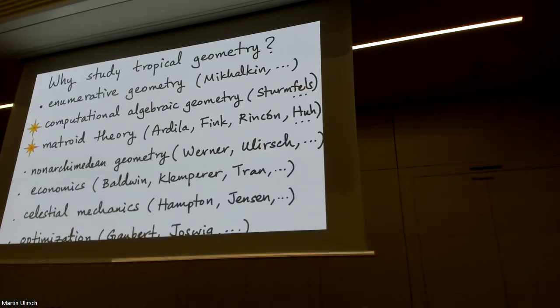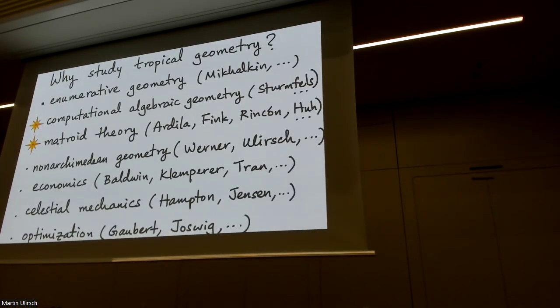So I'll list some other motivation for why people look at tropical geometry. We've talked about enumerative geometry and computational algebraic geometry. Today we'll be looking at matroid theory. Alex Fink is here, and he has many interesting things in relation between tropical and matroid theory.